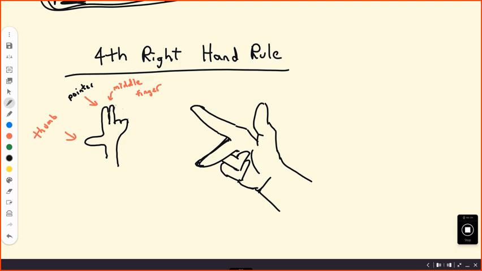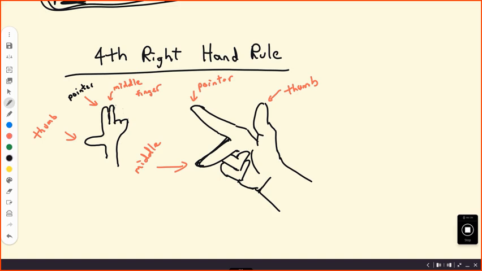So you position your thumb and your pointer finger and your middle finger so they're at right angles with each other. All three of them are at right angles with each other, like an XYZ axis.